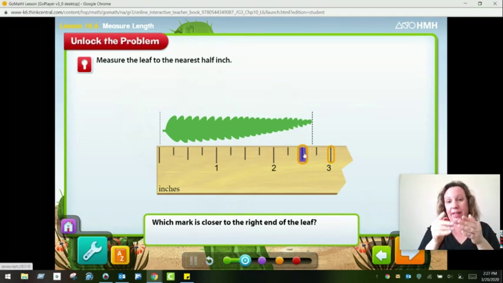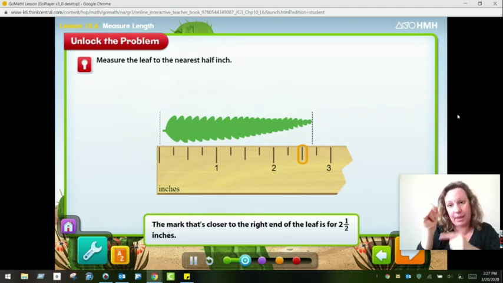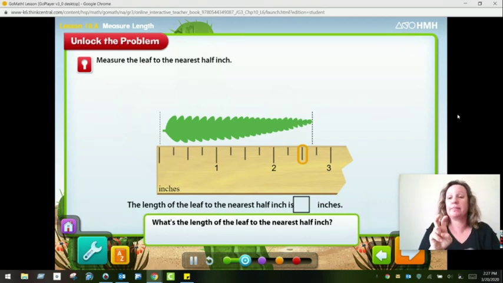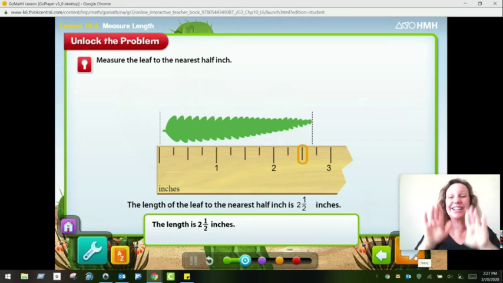This one is closer. The mark that's closer to the right end of the leaf is for 2.5 inches. What's the length of the leaf to the nearest half inch? It is 2.5 inches. Great job. Let's move on.